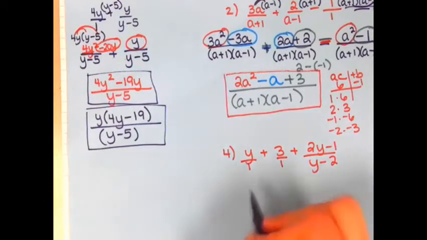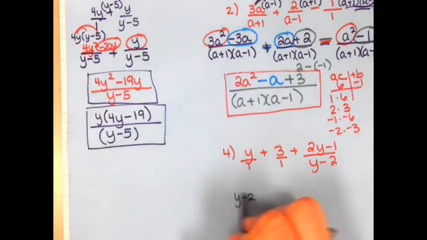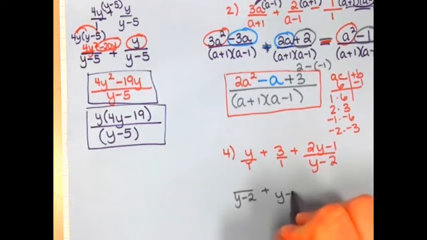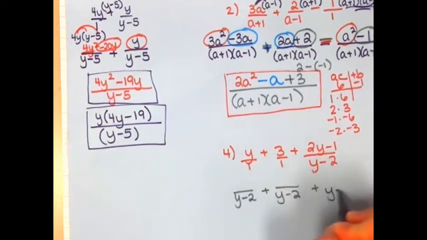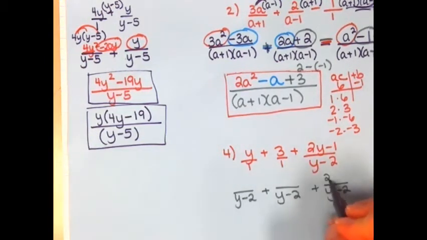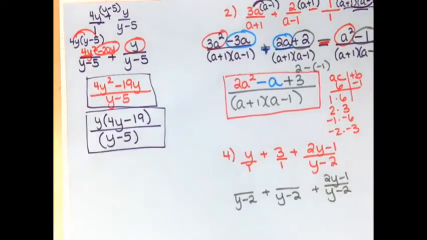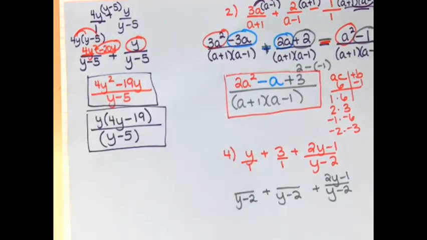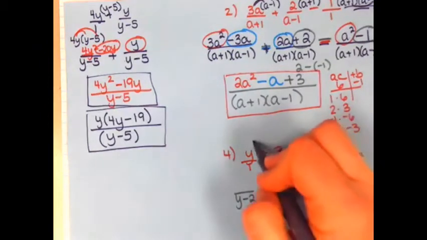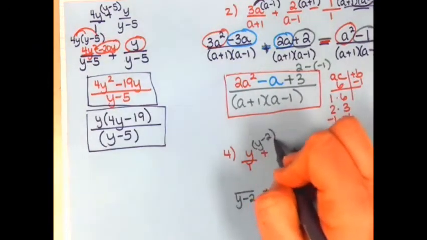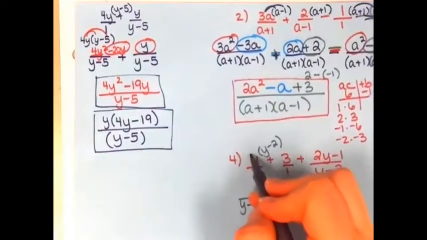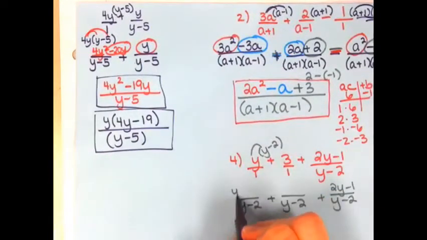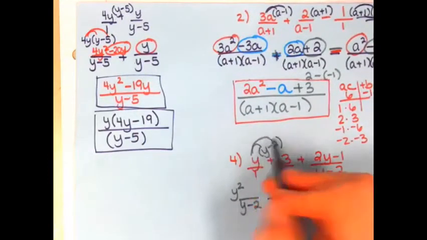Y minus 2, right? The last one stays the same, which is nice, so I'm just going to leave it as 2y minus 1. What did I multiply 1 by to get to y minus 2? Y minus 2, right? So what's y times y? Y squared.